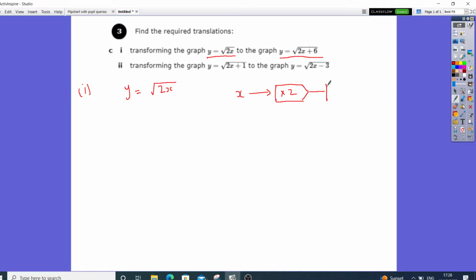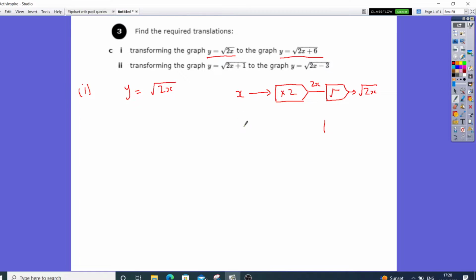Then it goes through the next machine, and this machine is going to square root it. So it's gone through the machine, you've got 2x, then you square root it, and that will give you root 2x.